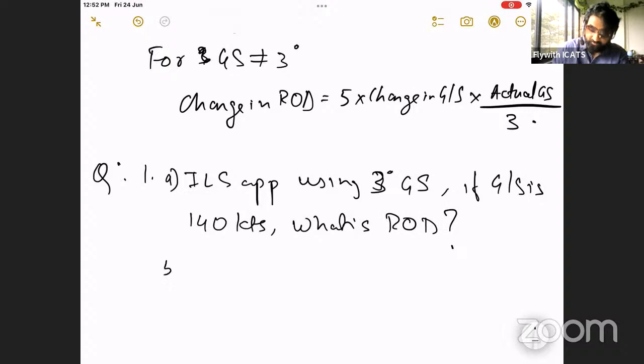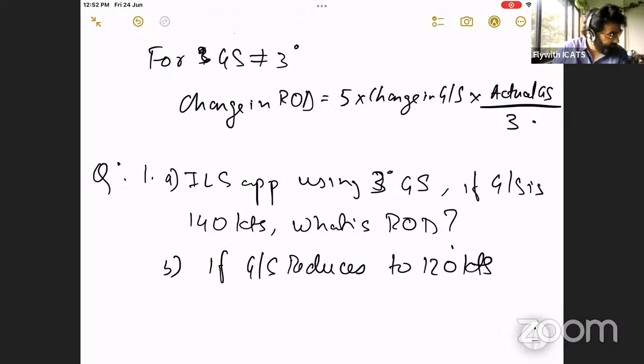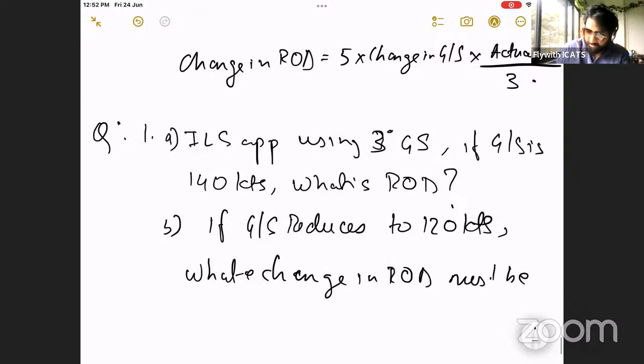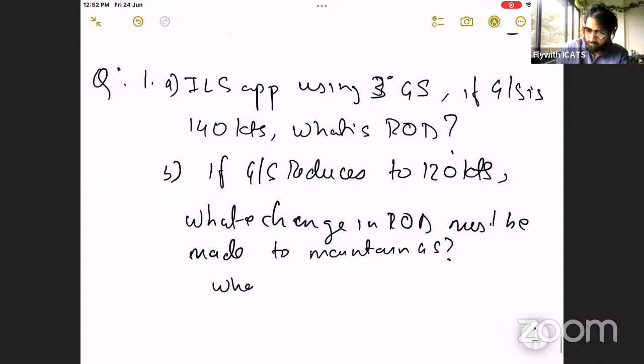Bravo: if ground speed reduces to 120 knots, what change in ROD must be made to maintain glide slope? What is new ROD?